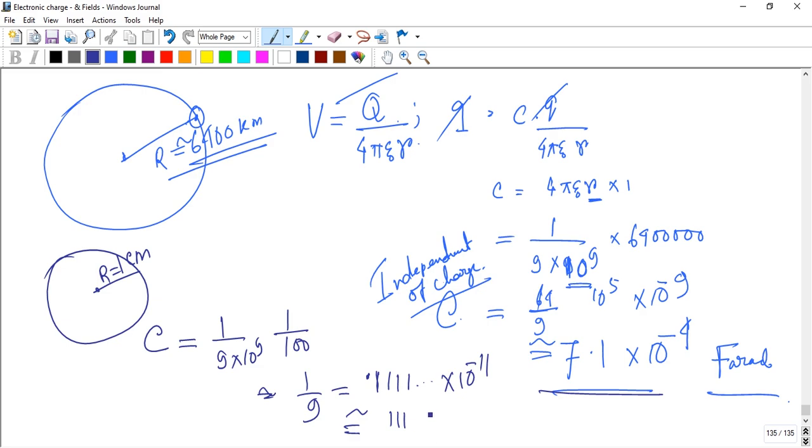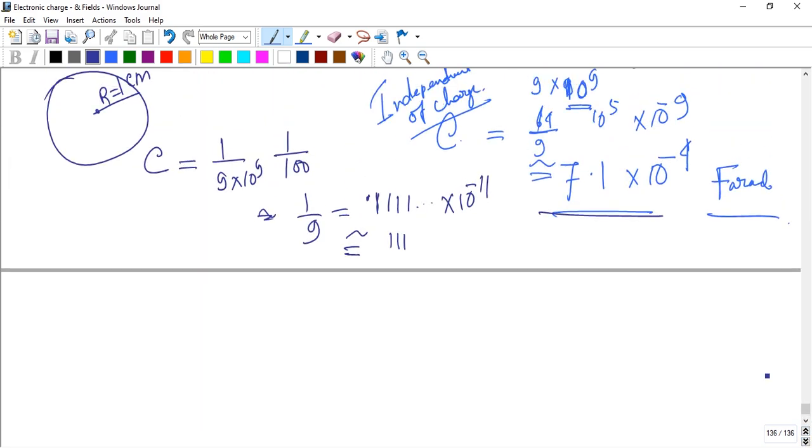So if I convert this to an approximate value, we consider that, that's a huge value actually. If I try to calculate like this, that is 1.11 continuing, into 10 to the minus 11.